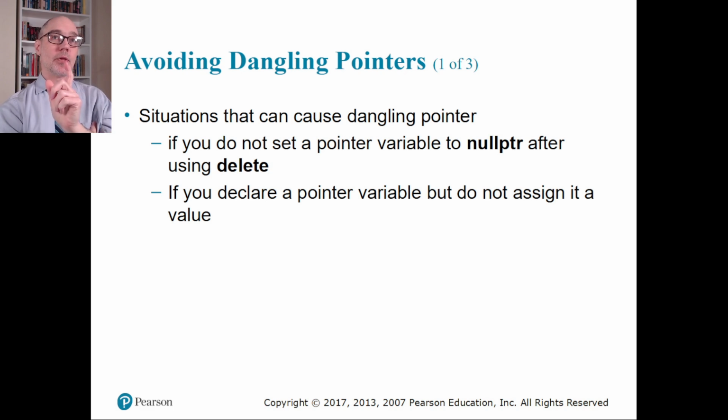So the solution is, when you make a new pointer, definitely immediately initialize it, either using new or just handing it nullptr. Just make a new pointer and immediately initialize it to nullptr as a signal that you don't have anything stored there yet.